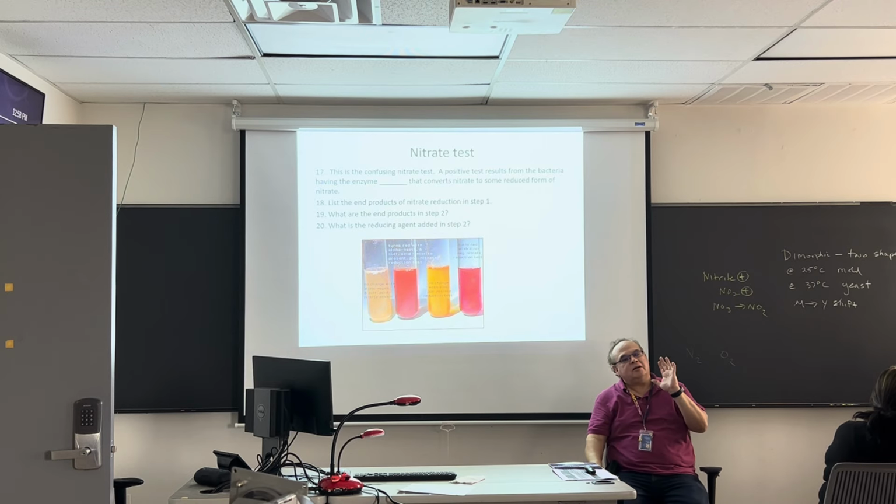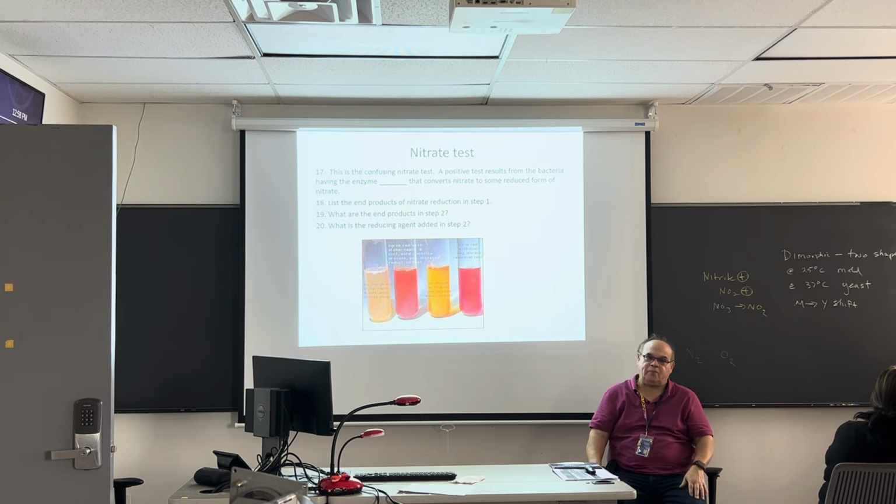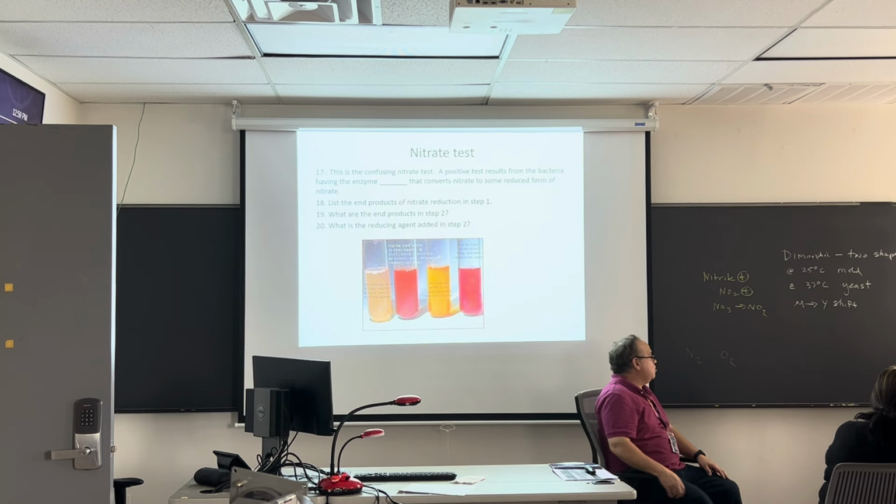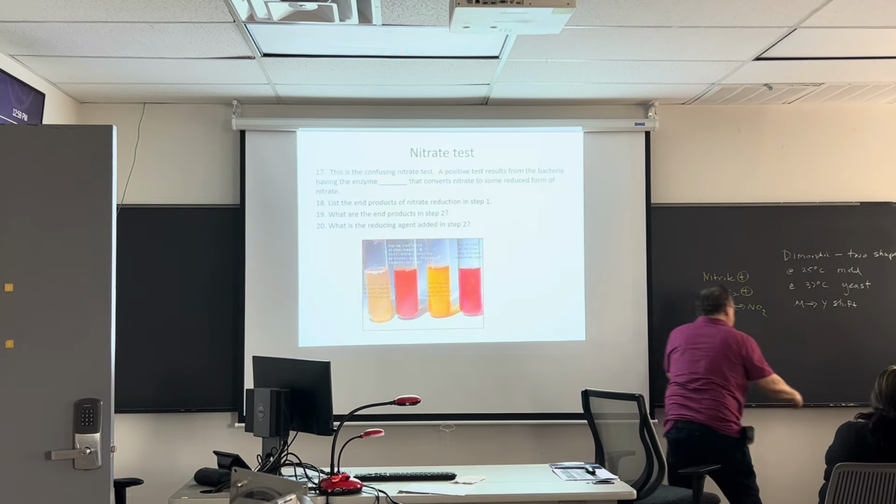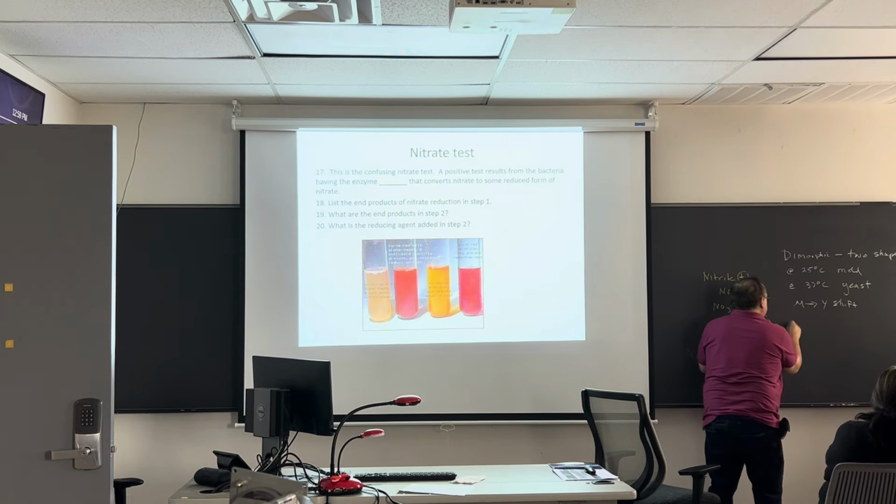If you add zinc and you get no color, then that is positive, but what happened? Nitrate was reduced to a gas. Gas freed or liberated, something like that. Okay? The other way you can do that is just to simply say this.